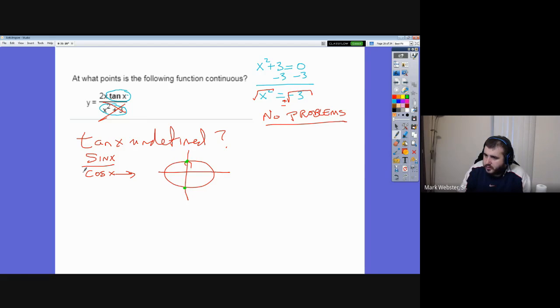So that's what we got. x cannot equal, and again, we're saying n pi over 2, right? Because 1 pi over 2, 2 pi over 2, 3 pi over 2, 4, 5, 6, 7 pi over 2, 8 pi over 2, 9 pi over 2, etc.